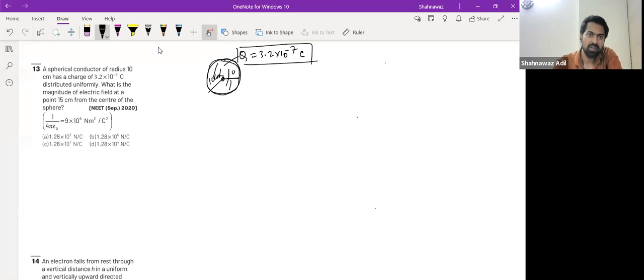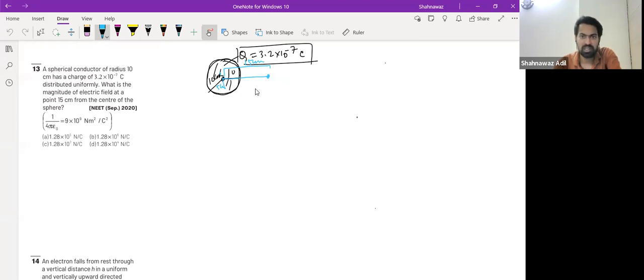If I calculate at 5 centimeters, that is inside this sphere. But it is saying 15 centimeter, so this is 15 centimeter from the center, so this is outside this sphere.